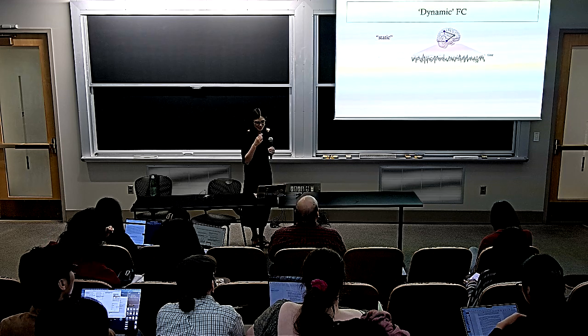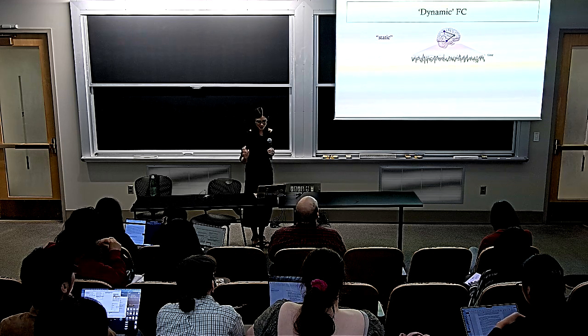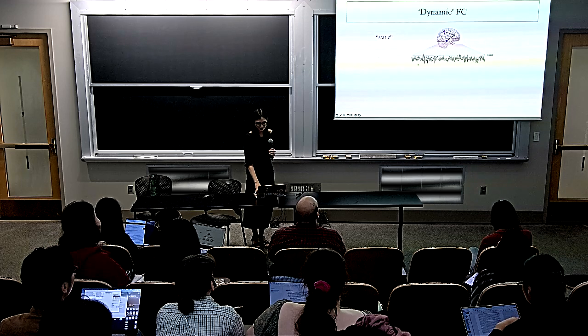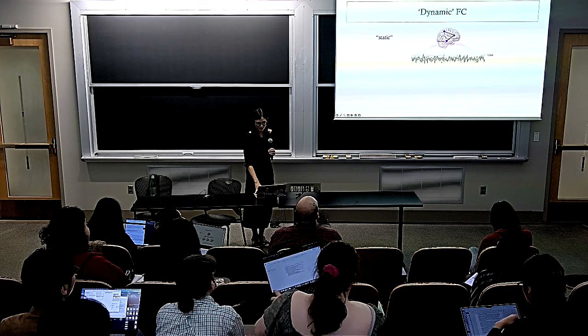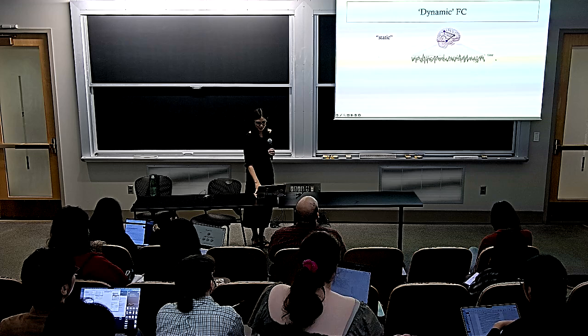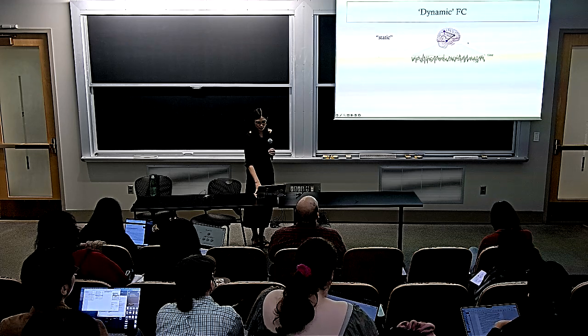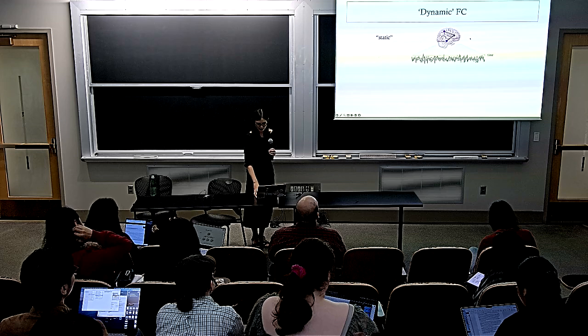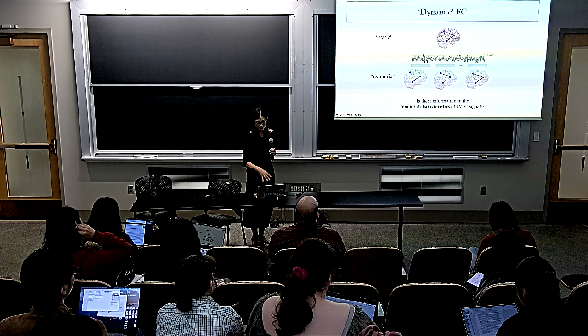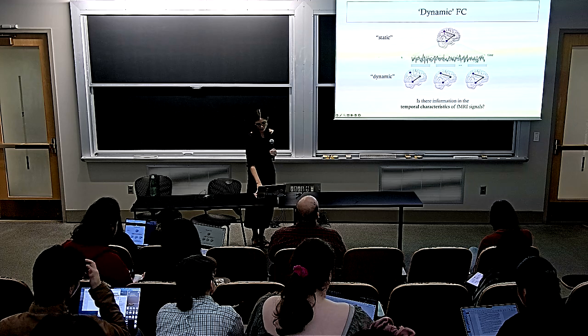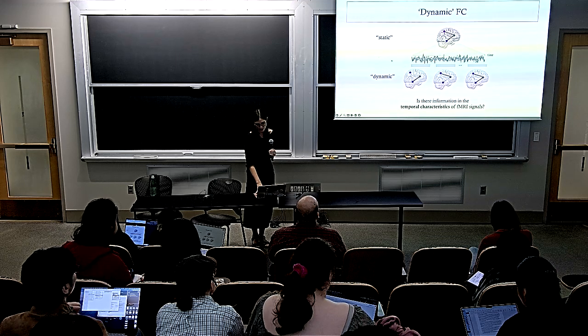The idea behind dynamic functional connectivity analysis, to put it in a picture, is that instead of taking all the time points in our scan to make a single network or connectivity matrix, or any other way of representing connectivity, you can consider shorter intervals of time and understand how these dynamics play out in time.